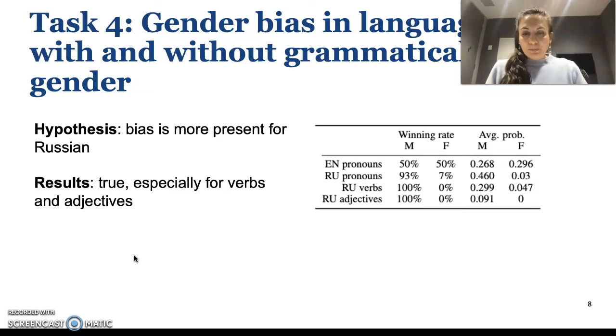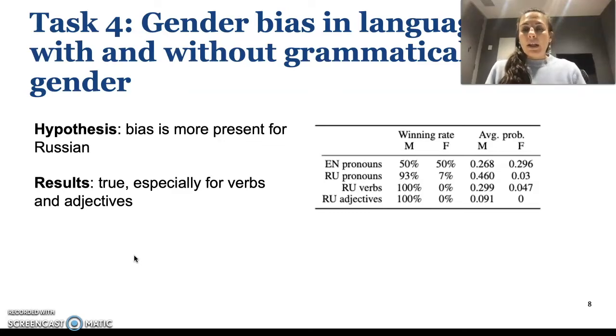And so basically, overall, the results show that for Russian, the bias is encoded even more strongly than for English, and we would find that the model would highly prefer masculine forms even for professions which are not necessarily strongly associated with masculine gender in English, such as hairdresser.